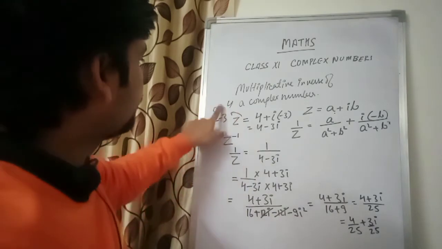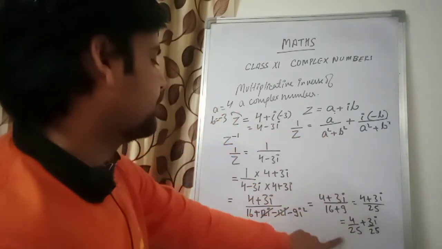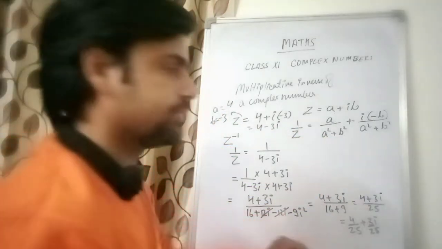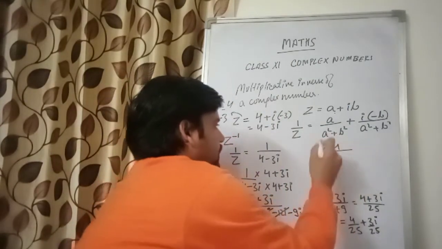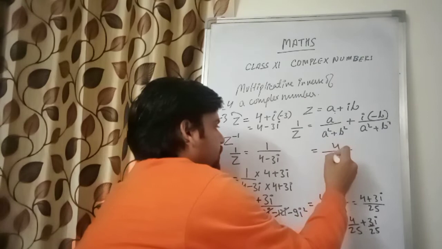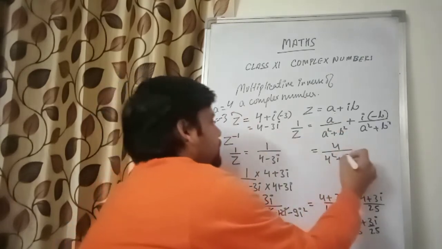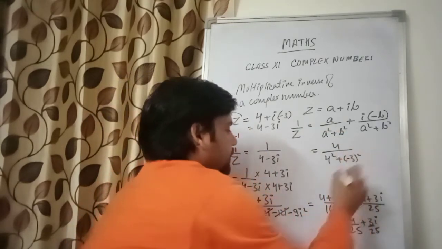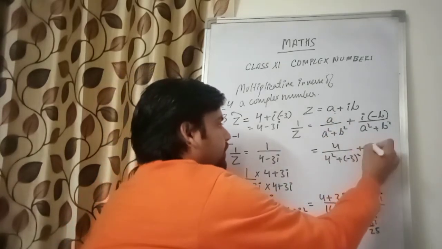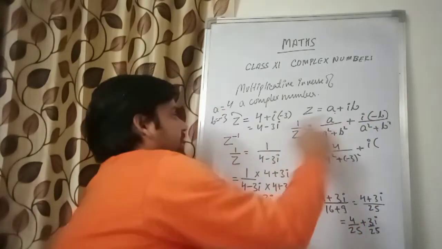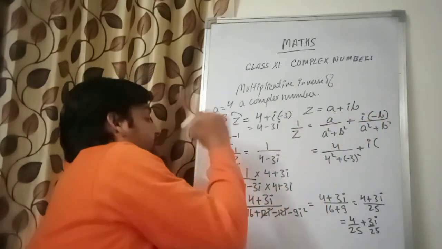Now I'm just going to put these two values in the formula, and you will notice that I get the same answer. a is 4, so a square is 4 square, plus b is minus 3, so minus 3 whole square. a square plus b square, plus i, now minus b I have to write here. What is b? Minus 3.